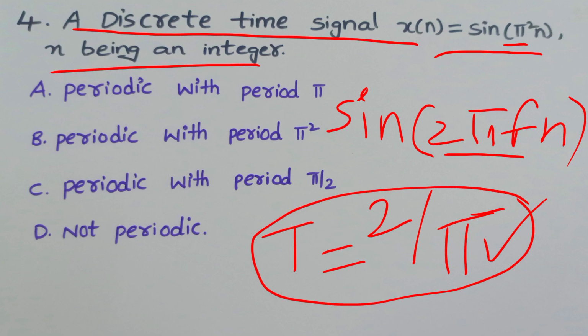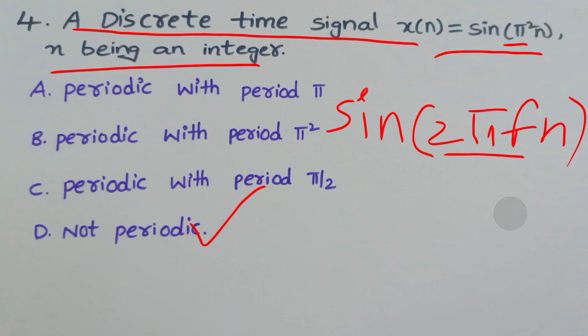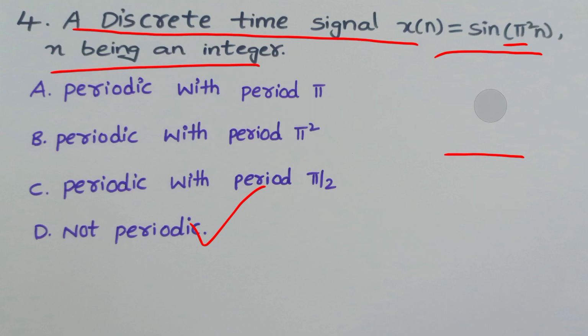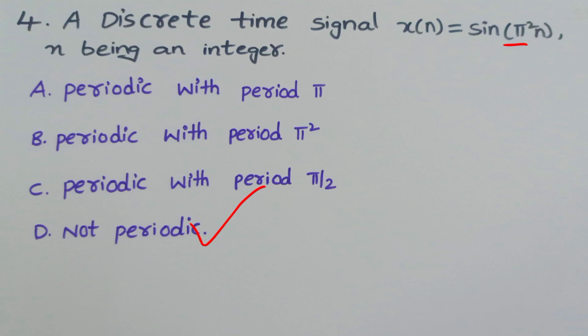So option D is the correct one, not periodic, because for a periodic signal the time period should be in terms of integers only.